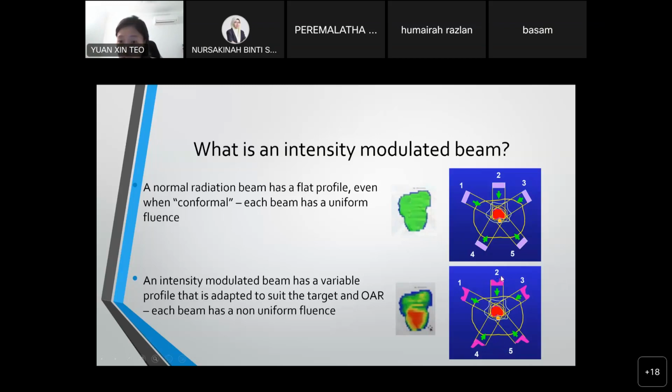If you choose 0 but you still want a beam from posterior, you can't choose 180. You will need to use maybe 170 or 190, to create a different fluence, a different MLC movement, a different field-in-field for that beam. Okay, am I clear?